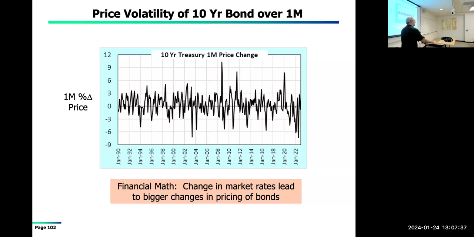So the purpose here is to set up, it's not a paradox. It is the nature of finance to think in terms of the difference between values. What can I sell it for today? What can I buy it for today?